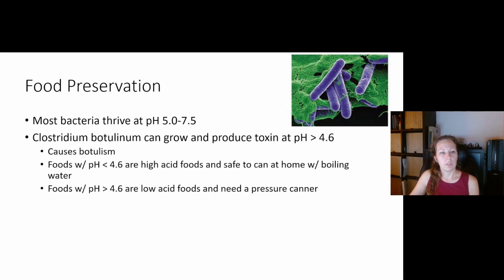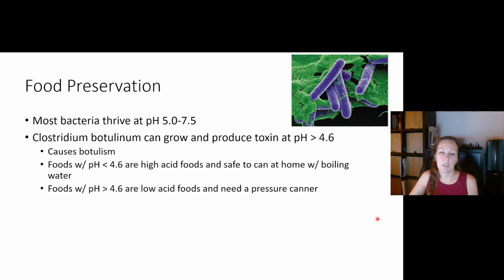And so these foods that are low acid are going to need a pressure canner. Pressure canners can heat food to a higher temperature because when we add pressure, the boiling temperature of water increases.